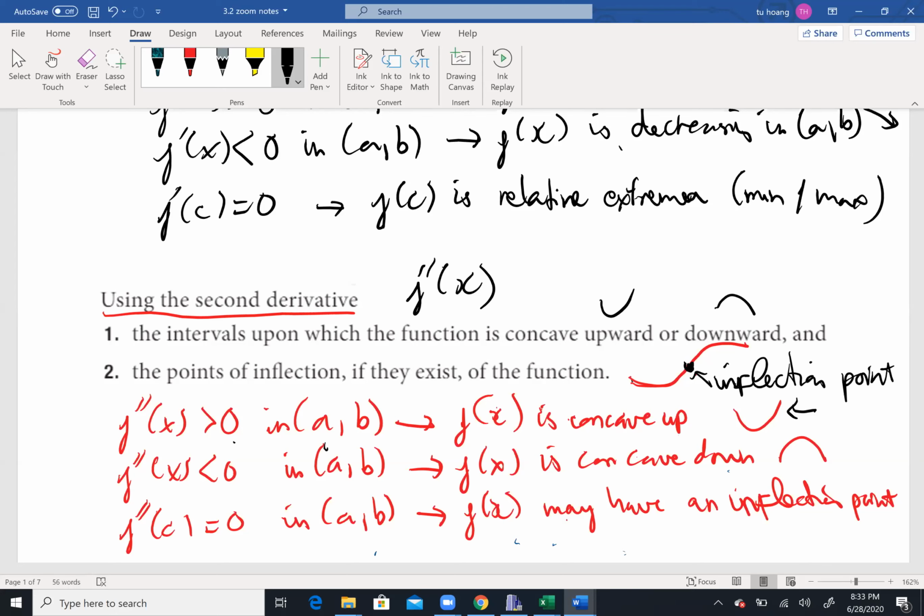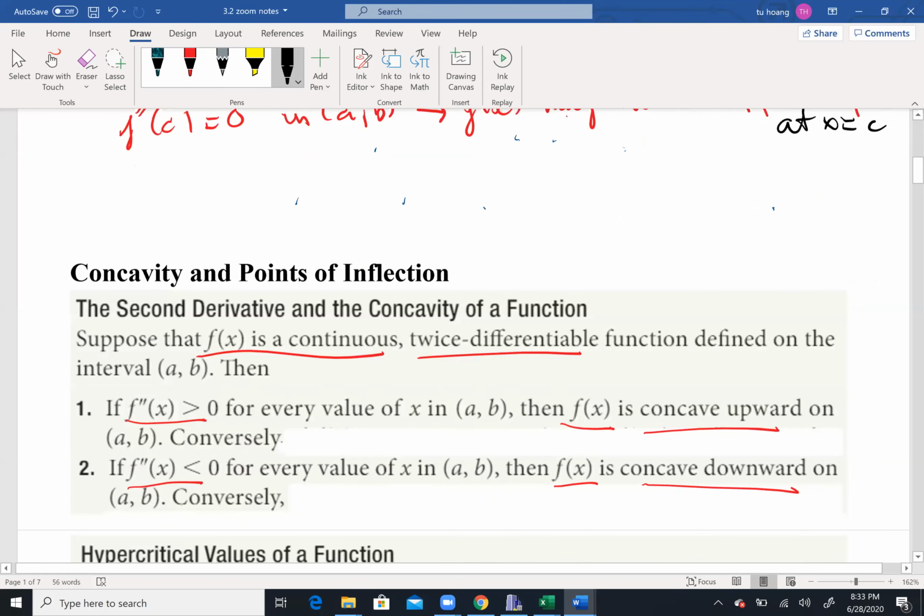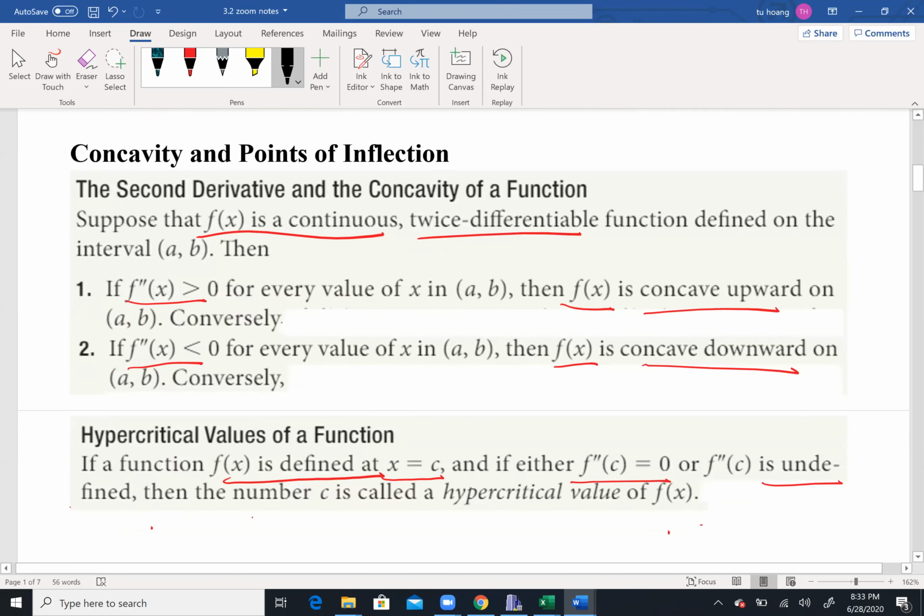And lastly, if f double prime of c equals 0, then f of x may have an inflection point at x equal to c. So this concavity and point of inflection is all the thing that I just told you above about the second derivative and the concavity of a function.